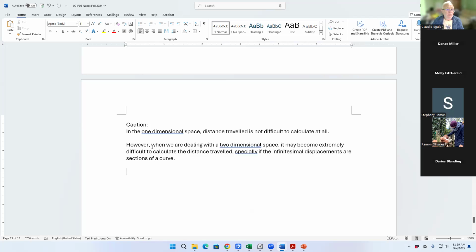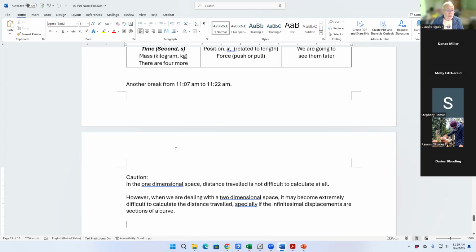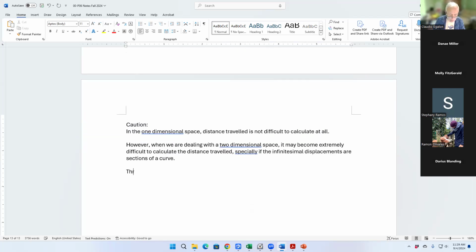Now that we have talked about this, throughout this course we will concentrate on the concepts of displacement and average velocity.